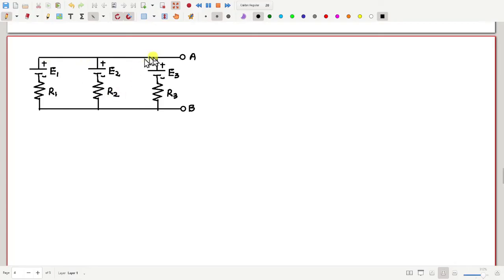They are connected together in parallel like this, and let me call this voltage as VAB. I mean the voltage of terminal A with respect to terminal B. And here the question is VAB equal to how much?